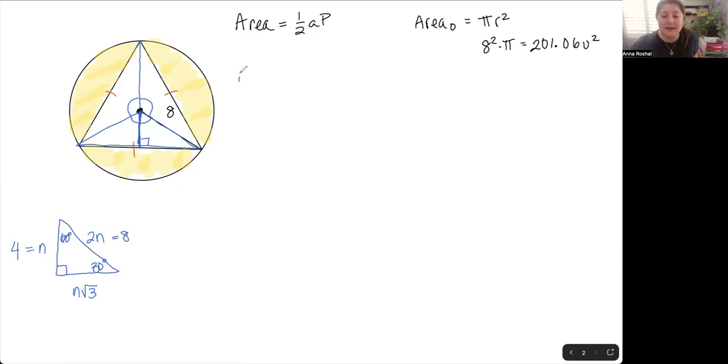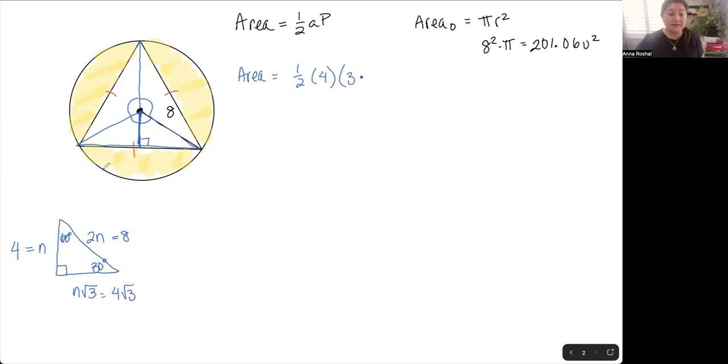So in this case, my area is going to be 1/2 times 4, which is my apothem, times the perimeter. And the perimeter, because this is a triangle, it's going to be 3 times whatever the base of this triangle is, right? Well, if n is 4, this is going to be 4 root 3.